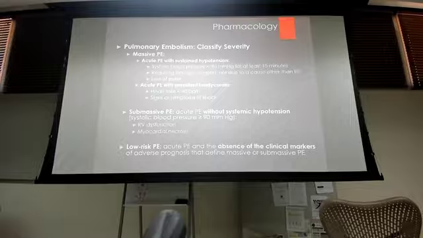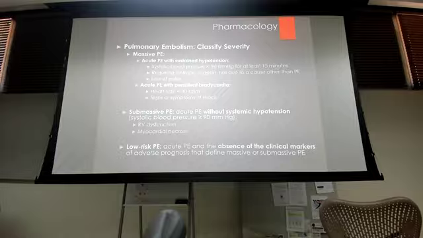Management of your PEs is going to be based on severity. Massive, we talked about it earlier, get the TPA on board, right? Thrombolysis. You have a clot, it's massive, bust it, or go in for surgery and do a thrombectomy, surgically remove the clot. A submassive, which is defined as normotensive but some right ventricular dysfunction, then we're going to do our anticoagulants, which we discussed when they could be used for PE, when we went into each anticoagulant and what it does in the cascade and where it hits.